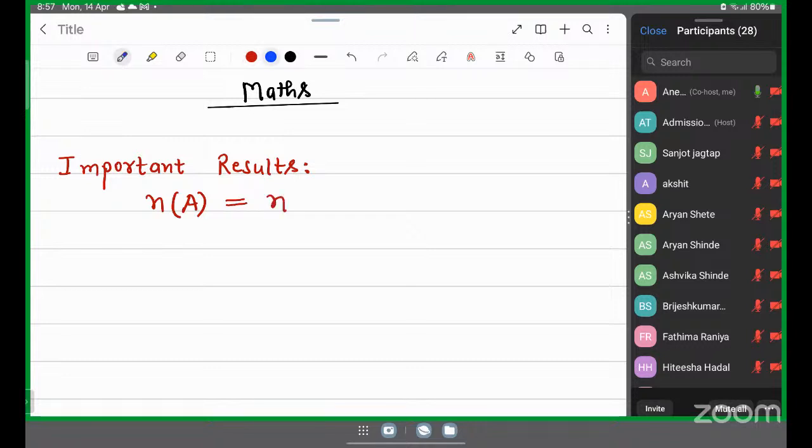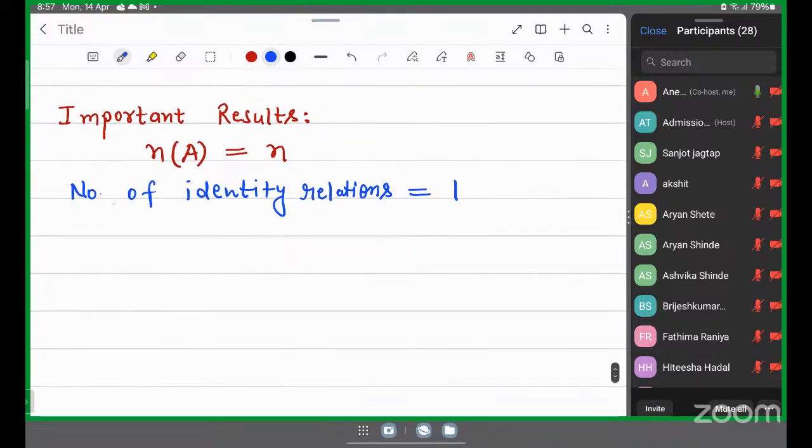The question is number of identity relation on set A. How many identity relation can be formed on set A? So there will be one and only one identity relation, because identity relation is each element has to be related with itself only. So number of identity relation will be one.